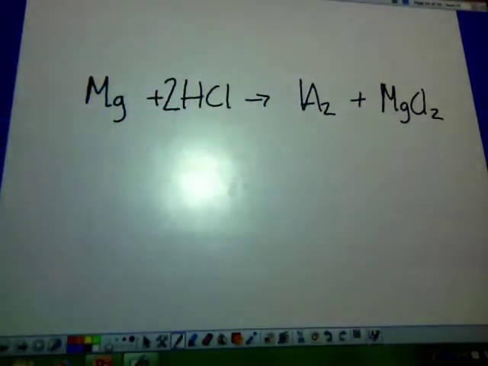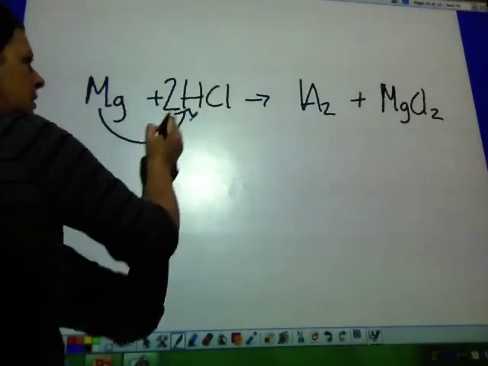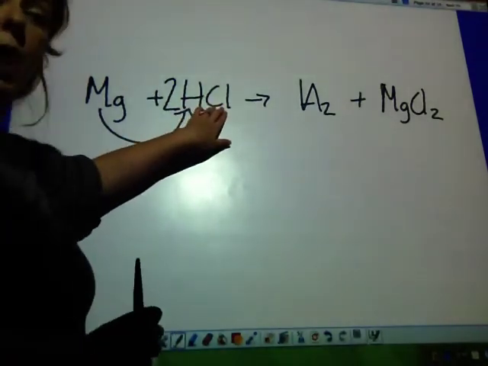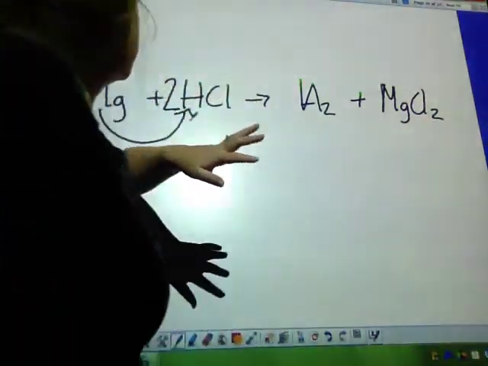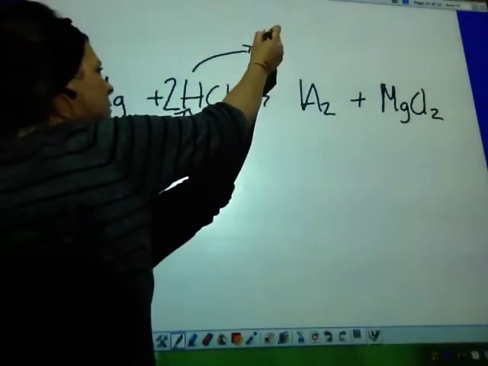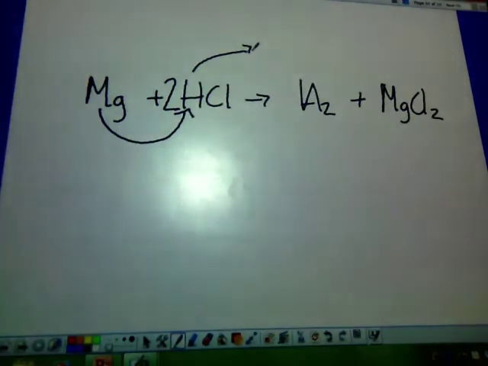So in a displacement reaction, we know magnesium kicked out hydrogen and took hydrogen's spot to bond with chlorine. So I got magnesium chloride as my product, and now because hydrogen was kicked out all on its own, I was left over with my hydrogen gas. So that's why I produced that H2, that hydrogen gas. And that's what's happening in displacement reactions.